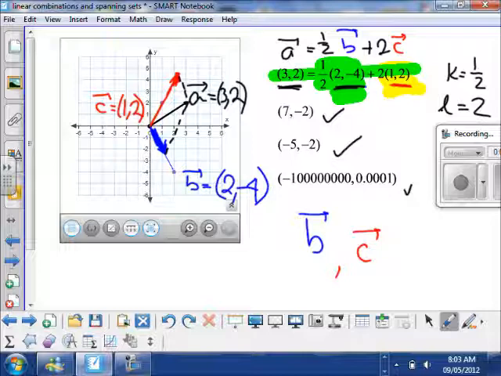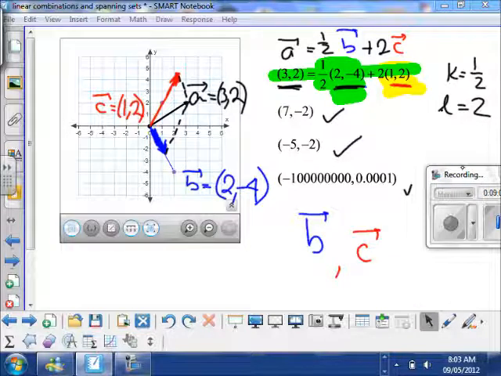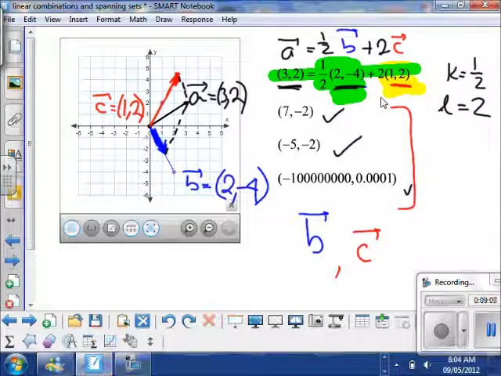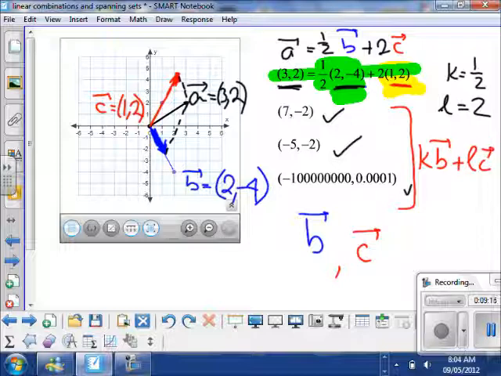I want you to write all these 3 vectors as a linear combination of the 2 vectors that we used before, so as KB plus LC. Do you think you are able to do that? Yeah, the algebra will get messy, but if you try hard, I'm sure you can figure it out.